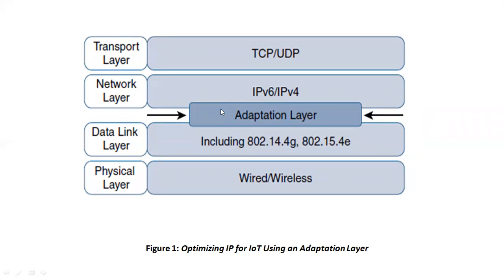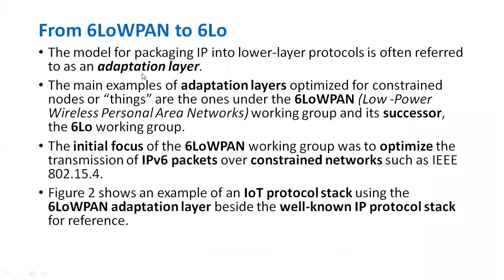There was a long gap between them, and this adaptation layer is bringing IP closer to the lower layers, the data link layer and physical layer. That is, it is packaging IP with data link layer protocols and physical layer protocols. That is the main purpose of this adaptation layer.